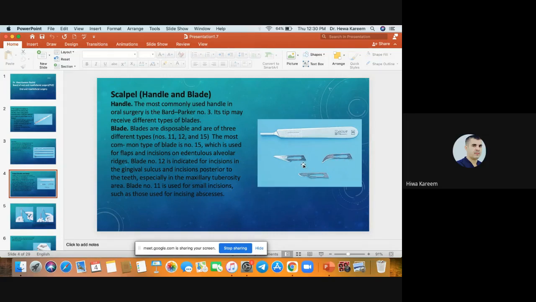And number 11 is used for incision on an abscess area; just by penetration in the abscess, the pus is discharged. In our clinic in oral surgery, the most commonly used is number 15.